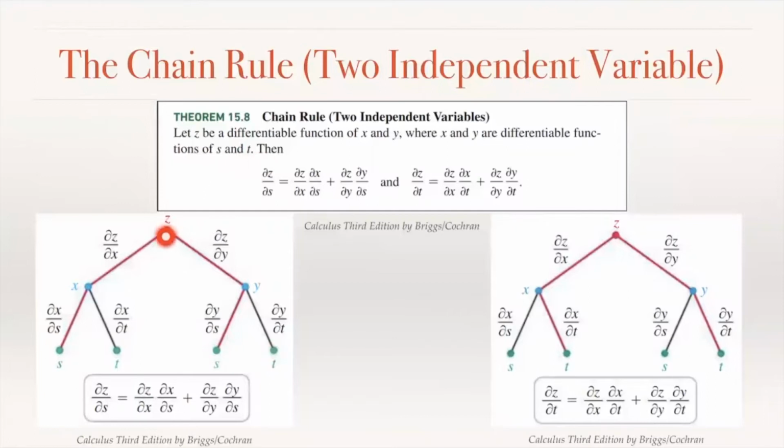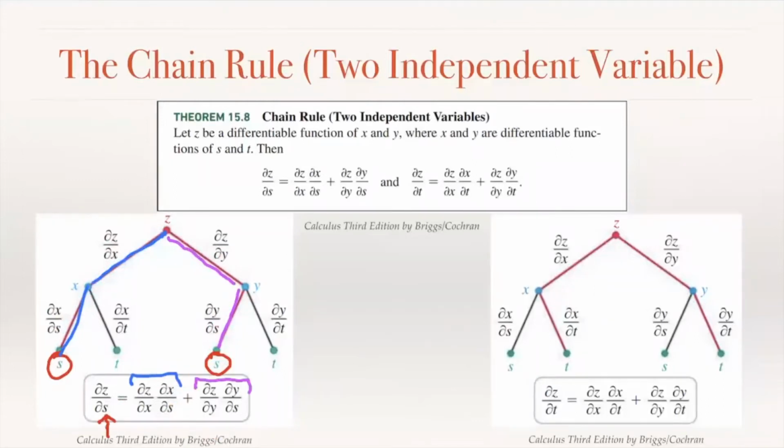So if z is a function of x and y, which are each functions of s and t, then if we want to find del z del s, that means we would look only at the branches ending in s, which are denoted in this diagram as the red branches. So this branch here is del z del x times del x del s. And then we add it to this branch, which is del z del y times del y del s.